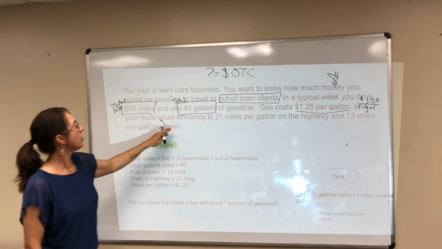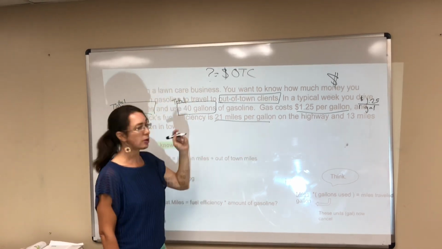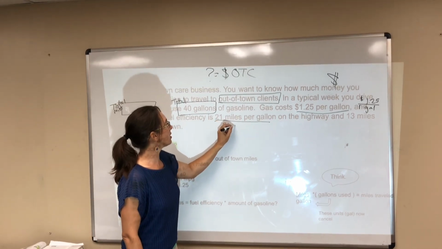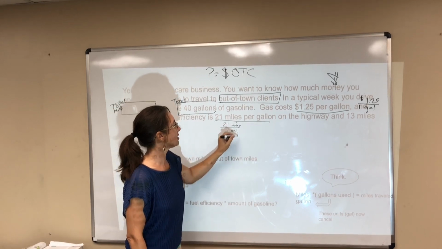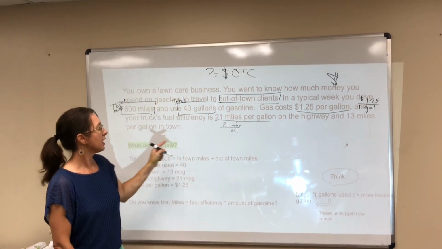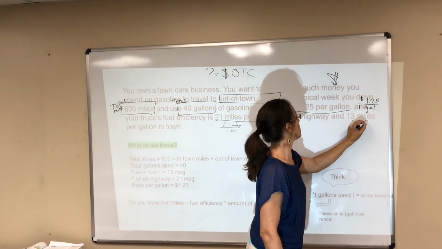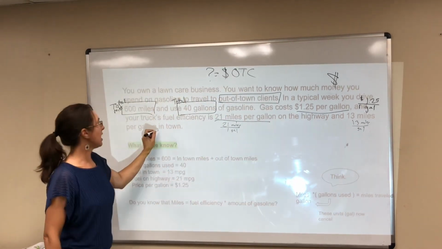And your truck's fuel efficiency is 21 miles per gallon, so I'm going to write this as a conversion rate. 21 miles per 1 gallon on the highway, and 13 miles per gallon in town.